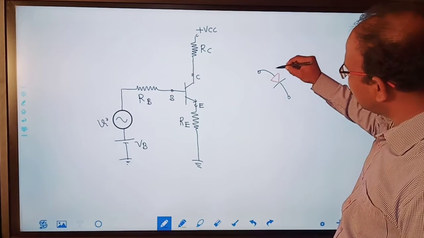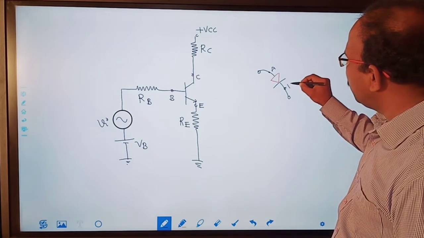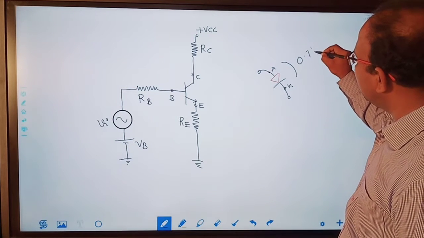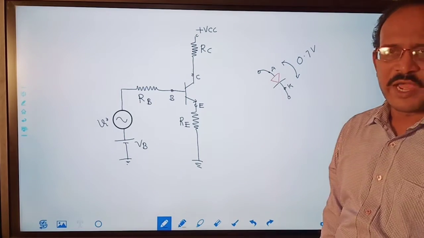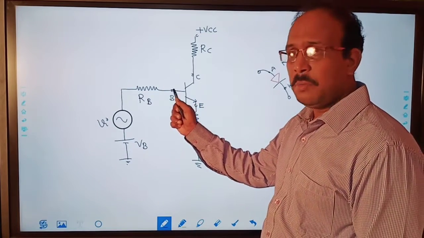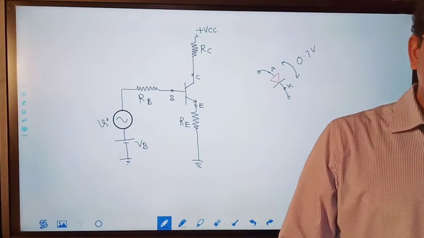Now you tell me whether the diode will conduct. For the conduction of a diode, the anode should be 0.7 volt greater than the cathode. This is the requirement of a diode. Here also, the base of the transistor must be 0.7 volt greater than the emitter.